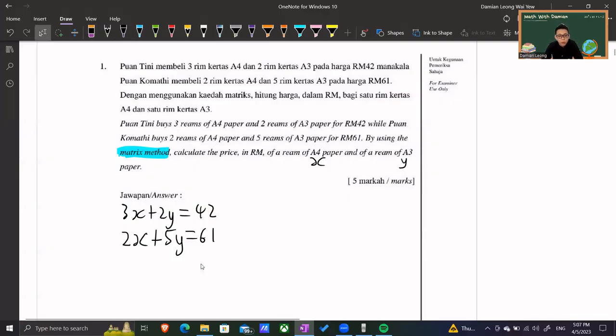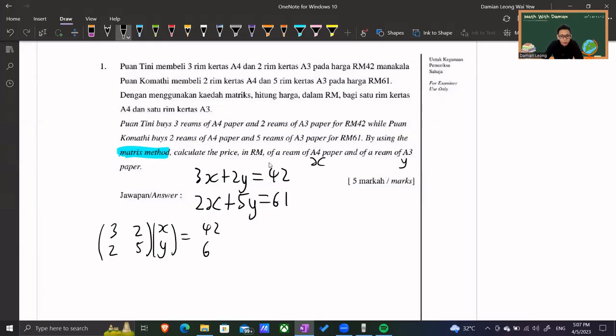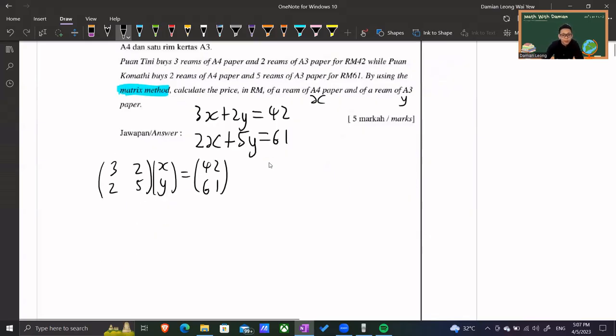From these 2 equations, I put in the matrix form. Follow the numbers. [3 2; 2 5] times [x; y] equals [42; 61]. In order to solve this, I need to get rid of the matrix [3 2; 2 5], which I do by multiplying the inverse of this in front on both sides.